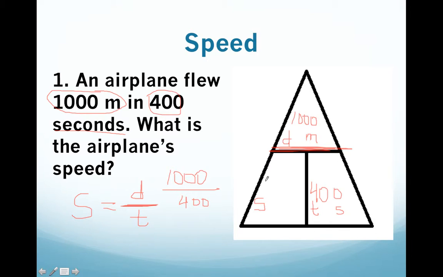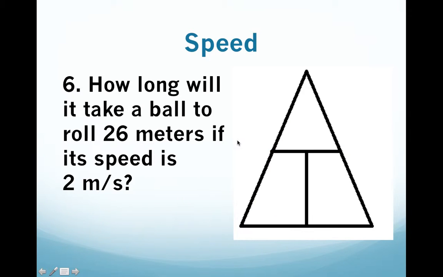My speed would then be 2.5, and my unit for this one would be meters per second. Okay? Any questions with that one? Okay, let's go to the next one.